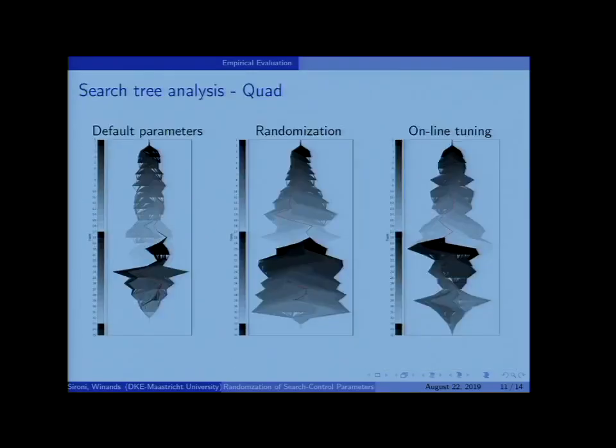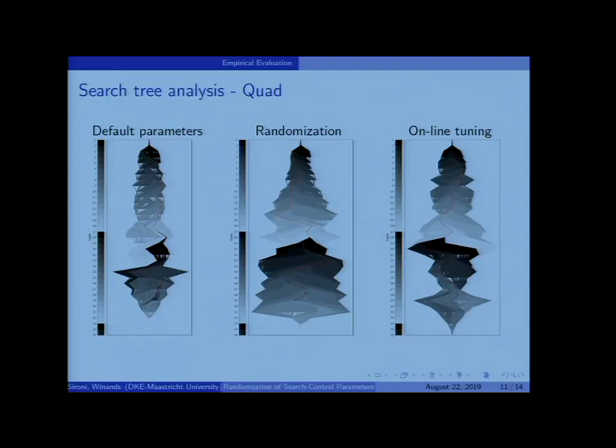So we looked at how the tree is built by all these strategies: using default parameters and keeping them fixed, randomizing them, or tuning them online. We just looked at a few trees, and I have some examples here for the game of Quad. And what we notice is that with default parameters, the tree that is built, by the way, every step has a different shade of gray every turn in the game, is very narrow and deep.